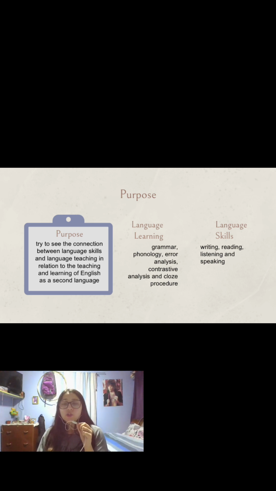And it is also important to mention that this applies not only to English, and that means that no matter which language it is, these four skills will be always present.